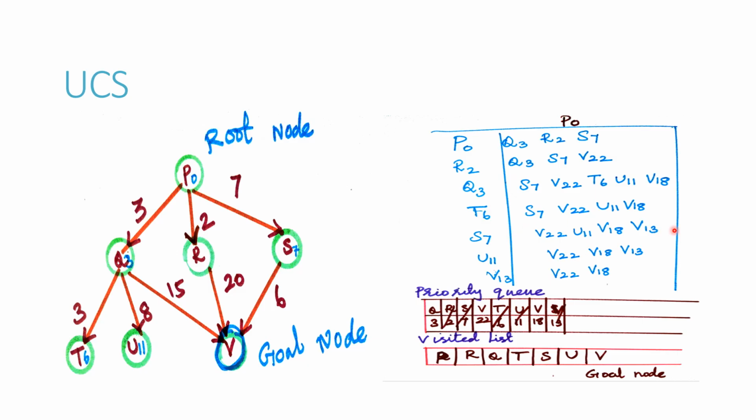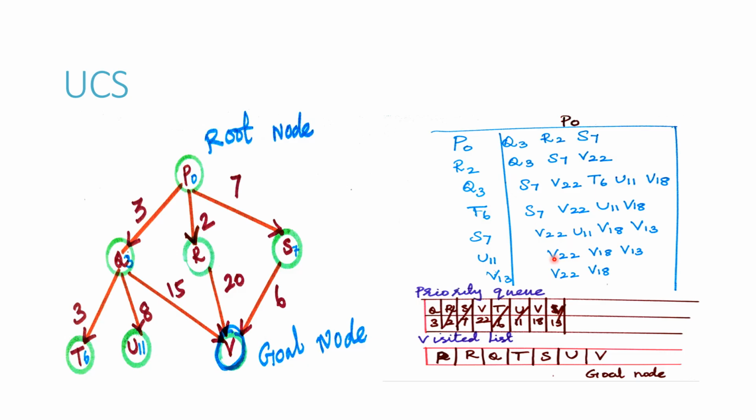Now comparing all the values, which one has the lowest cumulative cost value? That is U11. So U is shifted to the visited list and then it will be expanded, but here U is a leaf node. There is no further node for expanding U, so terminate that particular node.